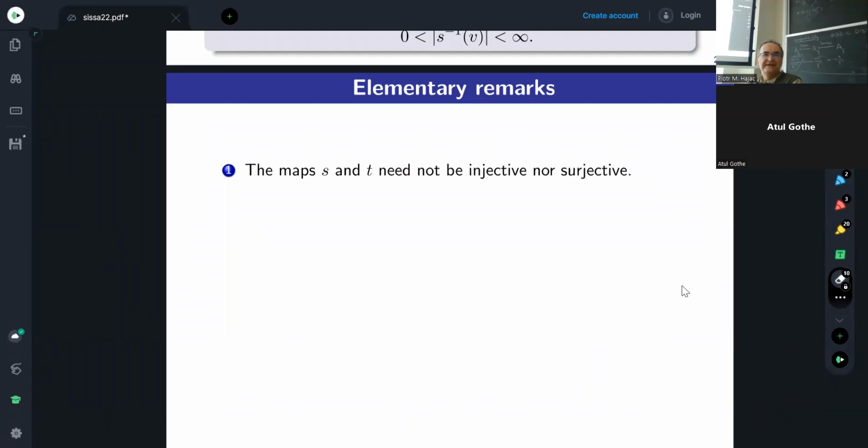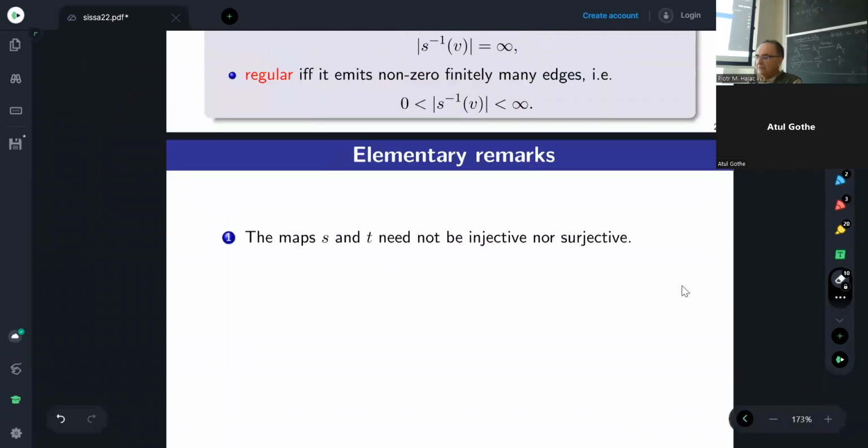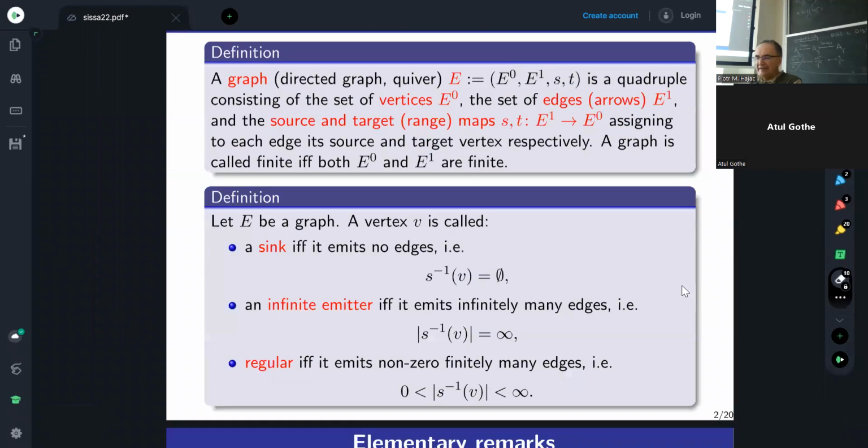What's the relation between the map S and the line? This is what I drew was an edge. It wasn't a map. And so, for instance, when I have such a picture, oops, now I still have to choose a pen. Say that this is my graph.